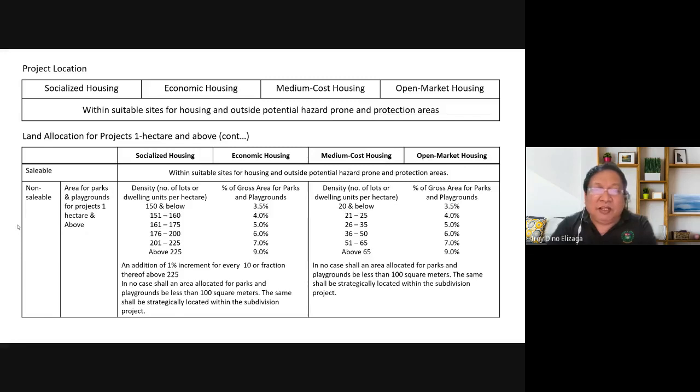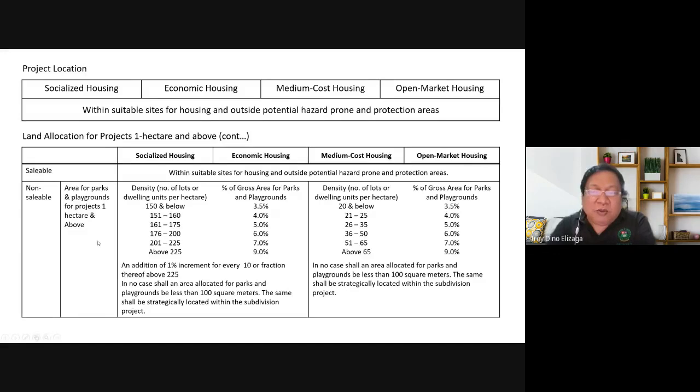You have here, depending on the density of the number of lots per hectare. For some of you who are under me in design, this is the second time that you hear this, no? But I'm going to elaborate more today.